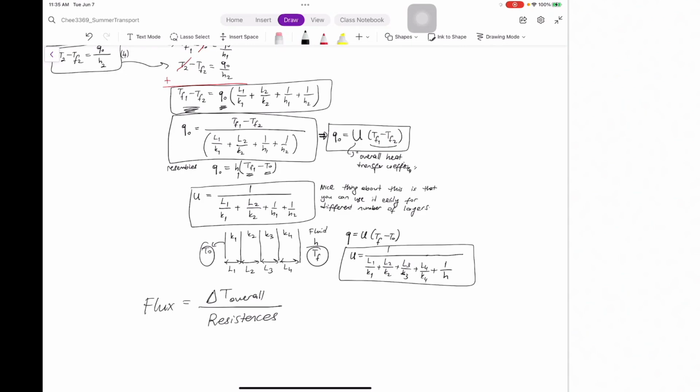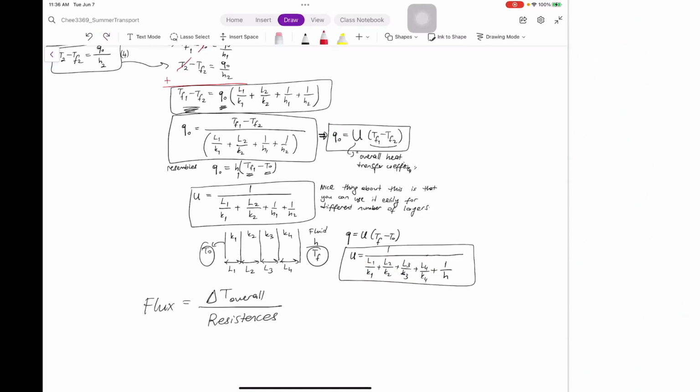And here the 1 over U corresponds to resistances, and you can actually think about it as the resistances. You can add the resistances. For example, you can just add 1 over H, L1 over K1, and so on. You can add those resistances, and it's going to give you the overall resistance. So each of them is just one resistance which can be added to the denominator.